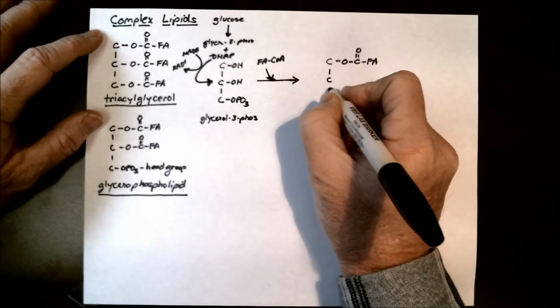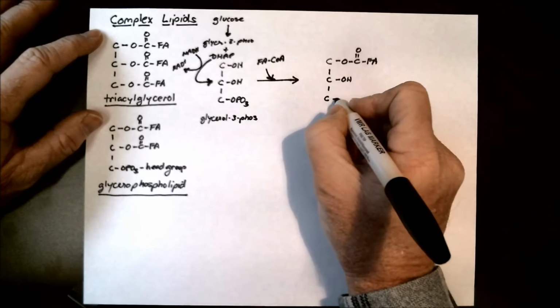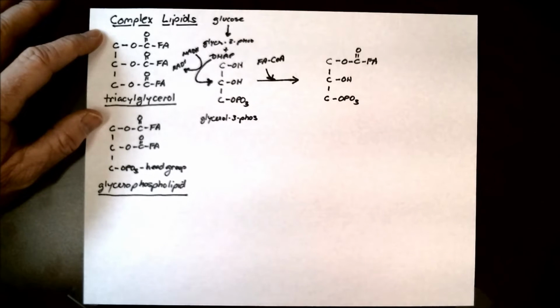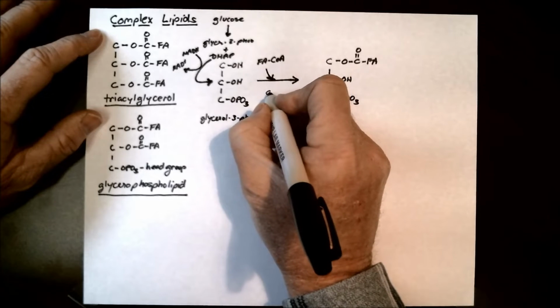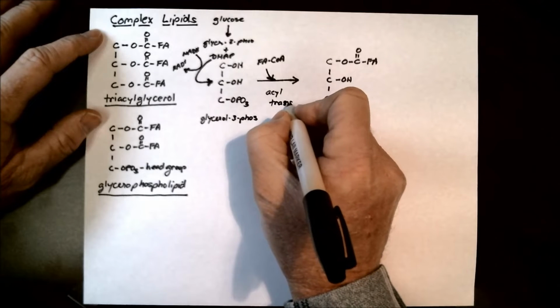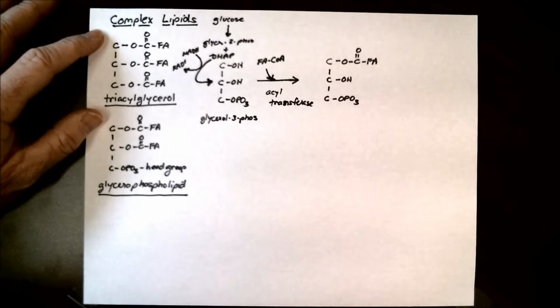So the first step of this reaction is going to add the fatty acid onto the glycerol backbone to give us our monoglyceride structure. And this is an acyl transferase enzyme, a fatty acyl transferase enzyme.